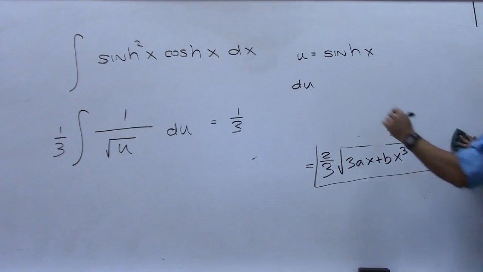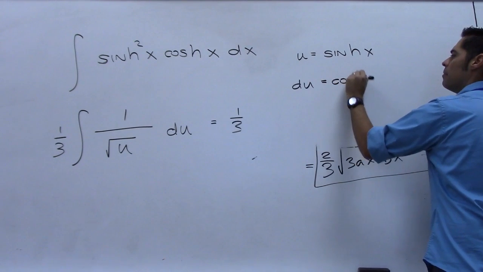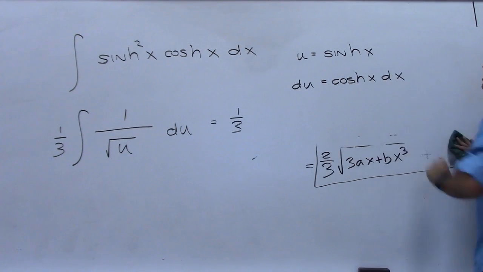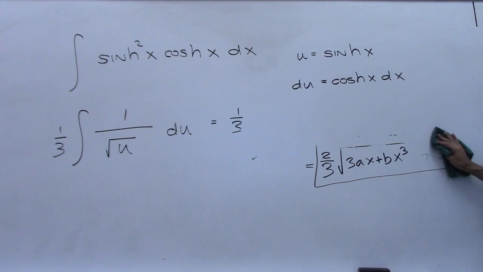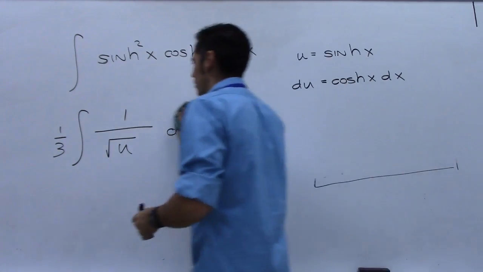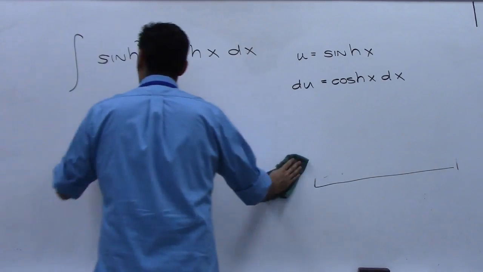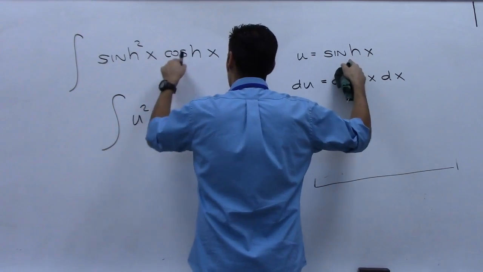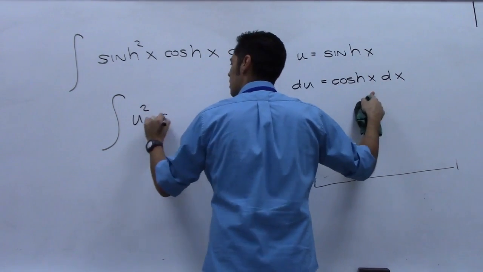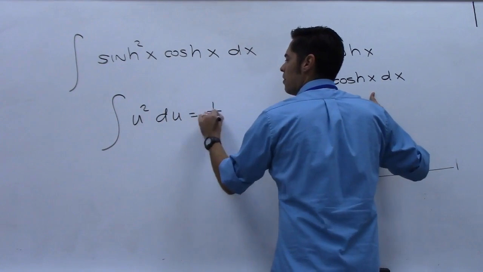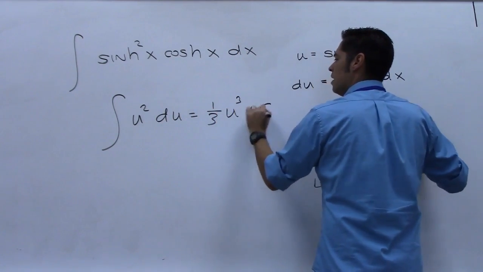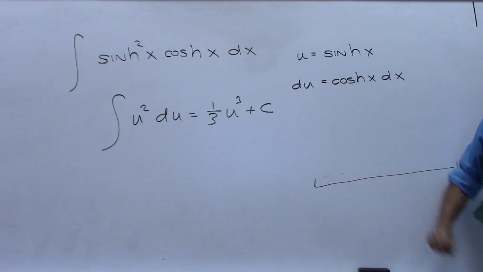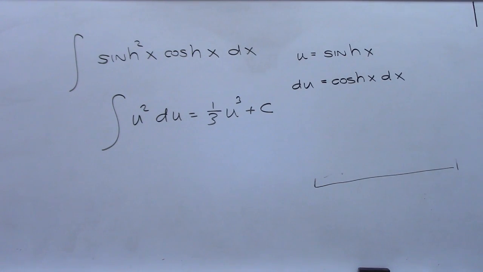Yeah, the derivative of this will be cosine hyperbolic x dx. And then that's pretty straightforward for the substitution. Do you see it? Integral sine hyperbolic squared is going to become u squared. Cosine hyperbolic x dx is exactly du. That's 1/3 u cubed plus c. And then just replace u with sine hyperbolic.